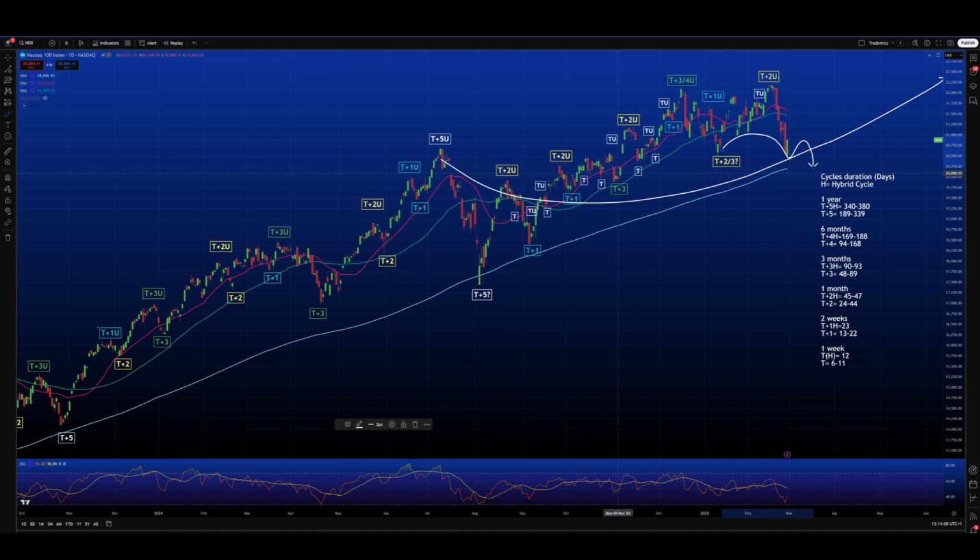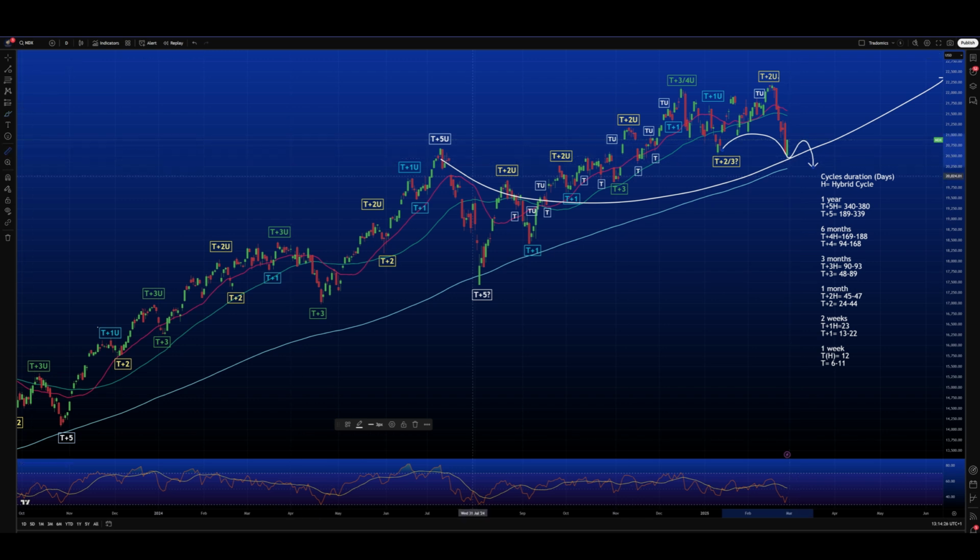So this might be a target, or better, this is the first target in case we have, by end of next week or in the next 2 weeks, a move of this kind.